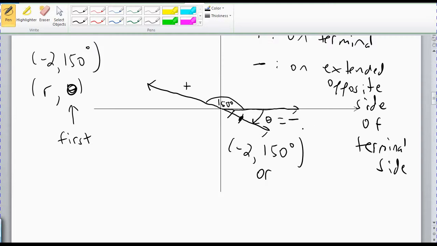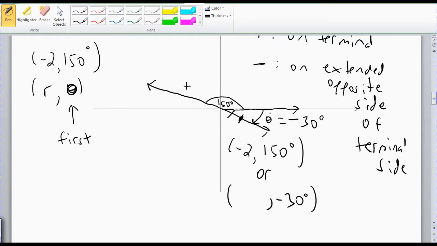And that's going to put it at negative 30 degrees, because I'm just 30 degrees away from the x-axis here. But I'm going clockwise, which makes it negative 30. So my angle is negative 30 degrees.